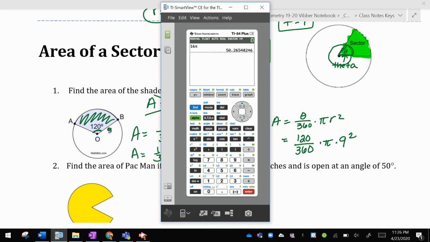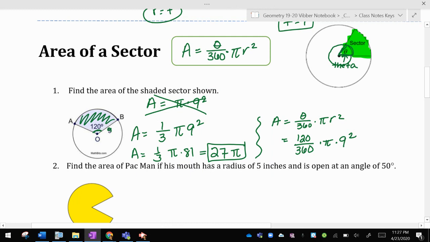And if I pull up the calculator, 120 divided by 360 times 9 squared, there we go, is 27. And that's what we got before. All right, so it's angle over 360 times pi r squared.